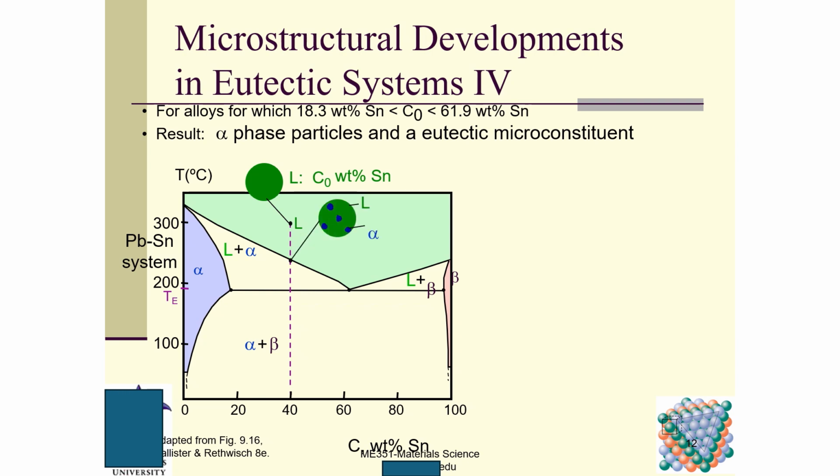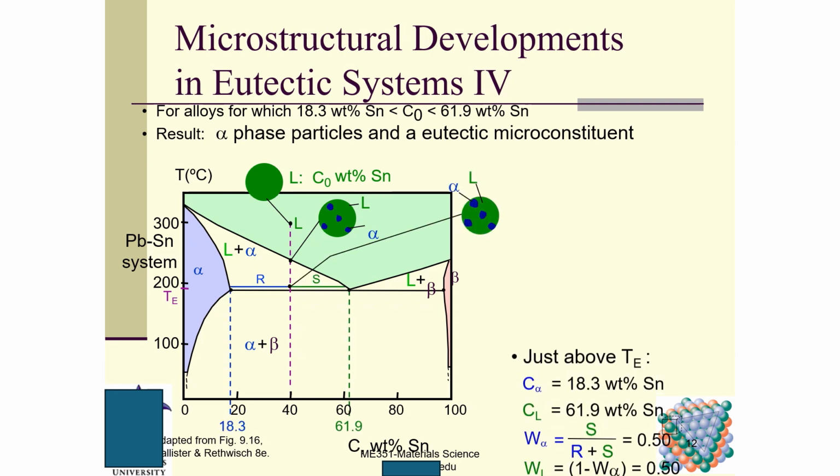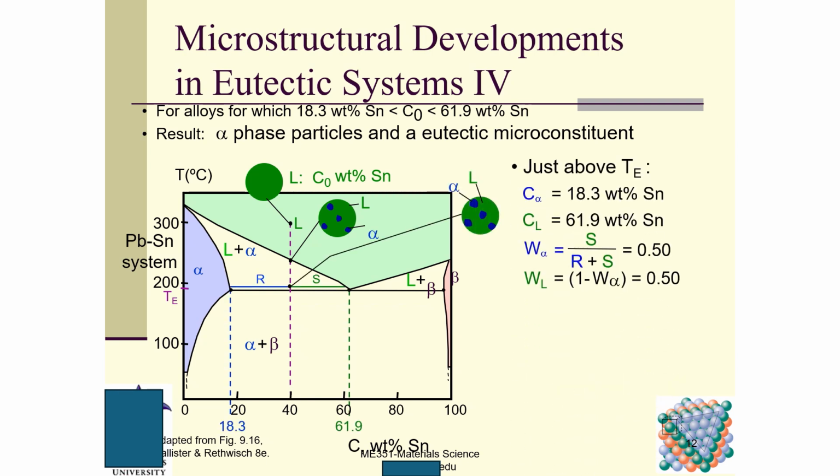So here at this point, L plus alpha, when we go down a little bit lower than this liquidus curve, just above this horizontal line, we draw this tie line horizontally and get this R and S. Here we will still have liquid, and we will have bigger alpha particles.